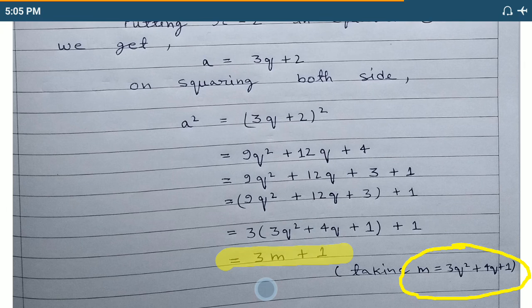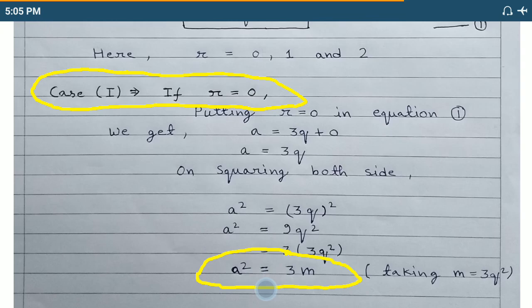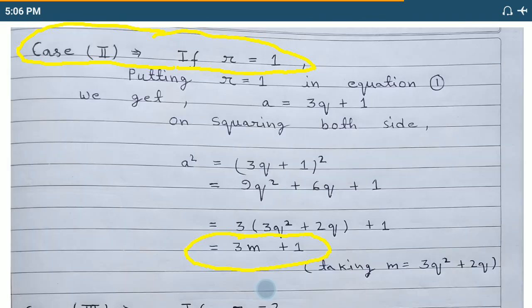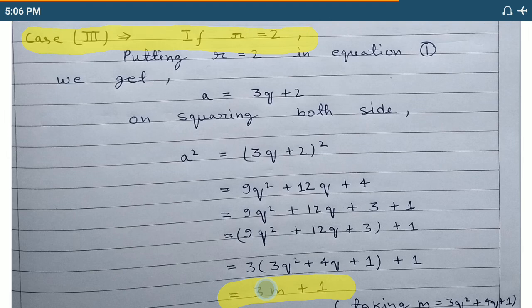Students, look here. In case first, it will be in the form of 3m, and in case second, it will be in the form of 3m plus 1. Also, in case third, it will be in the form of 3m plus 1.